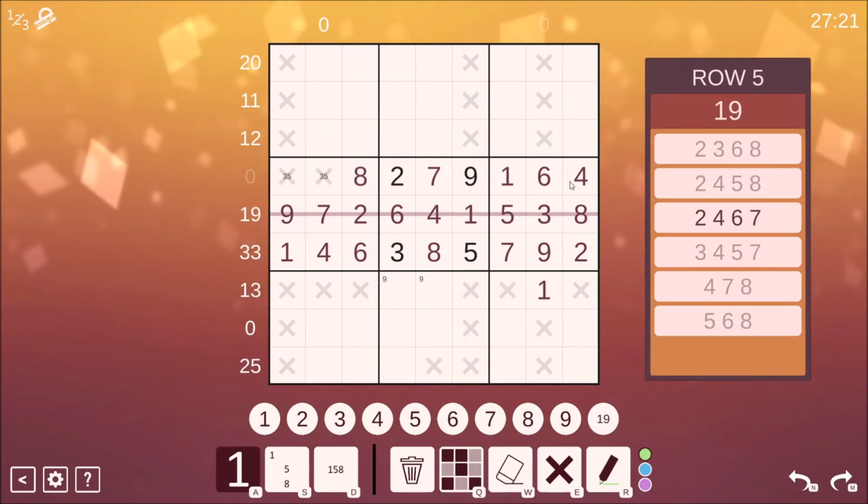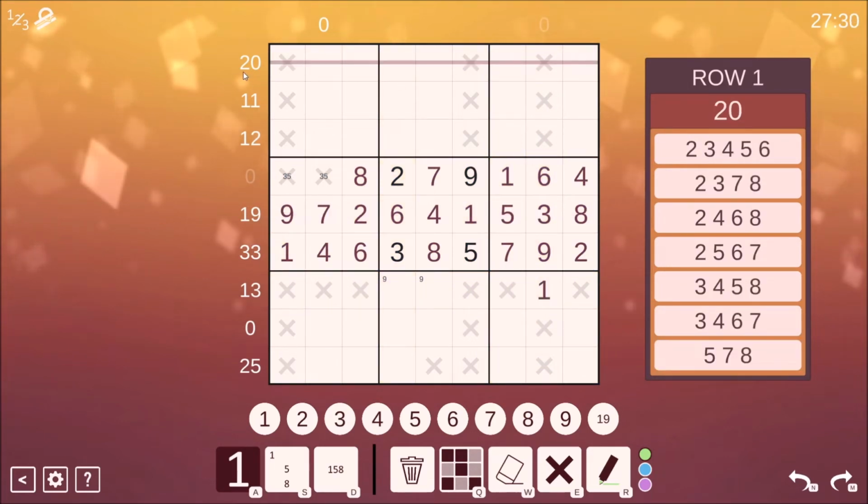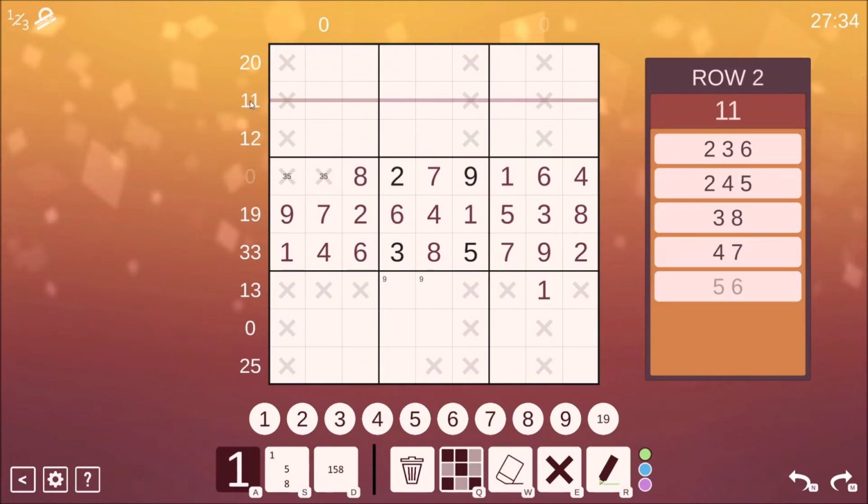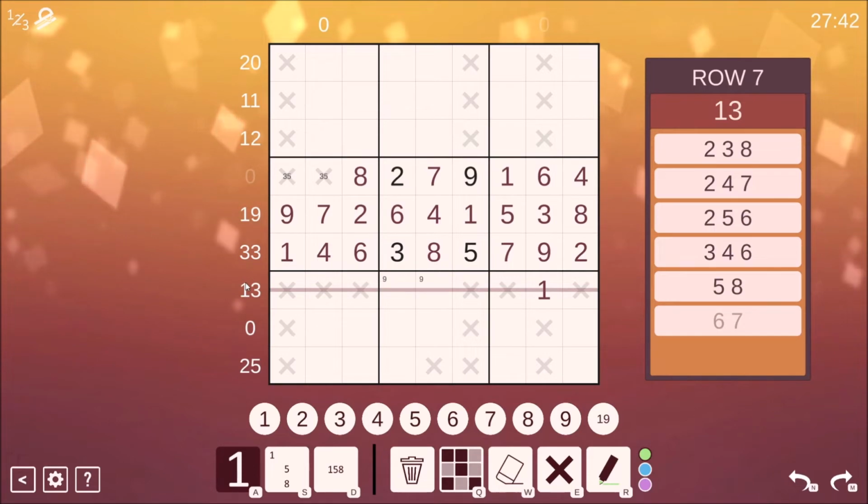So we're almost done with this entire middle section, but we don't have much for the top and the bottom yet. Maybe let's look at some of these.